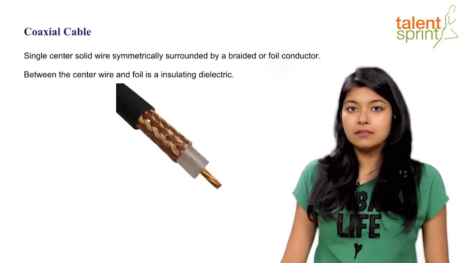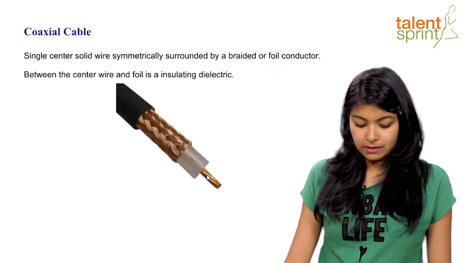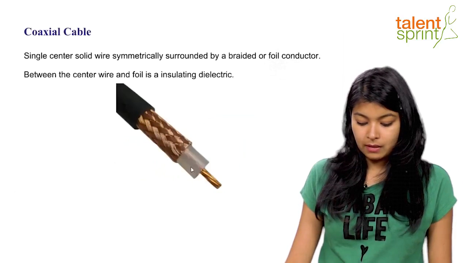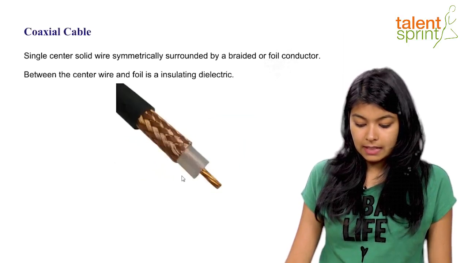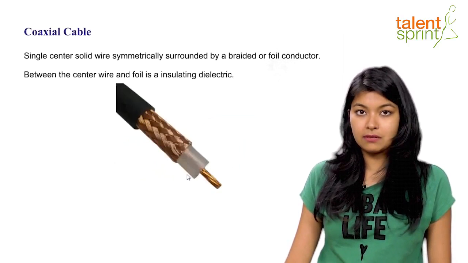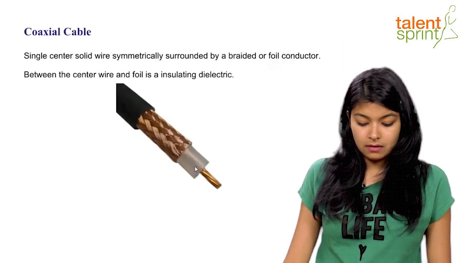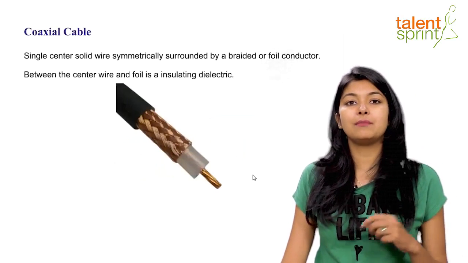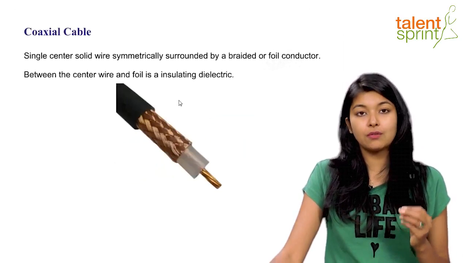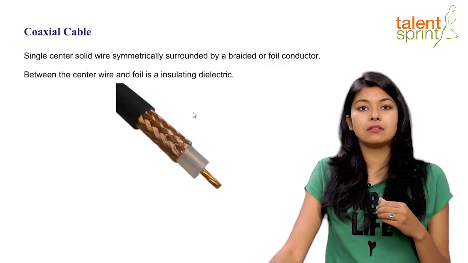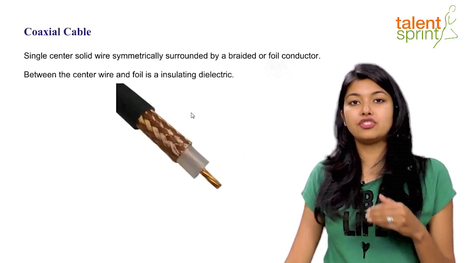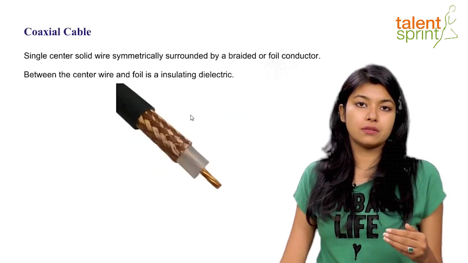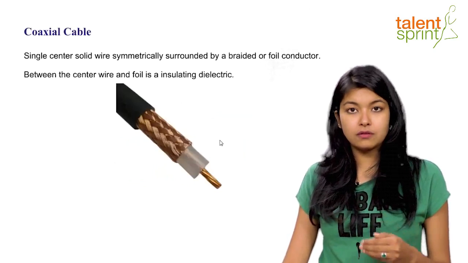The data is actually transferred through the center wire itself. This insulating dielectric medium between the outer and inner layers avoids interference and makes data run faster. Coaxial cables are more expensive than shielded or unshielded twisted pair cables, but they are also faster than those.